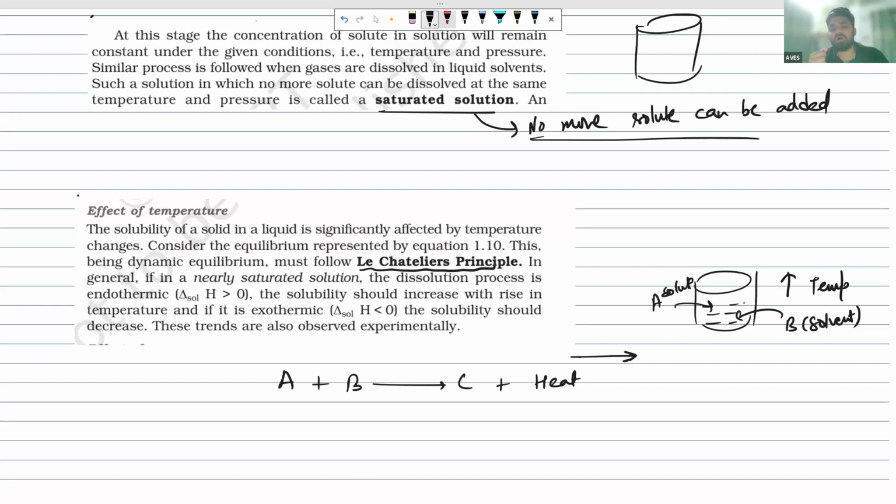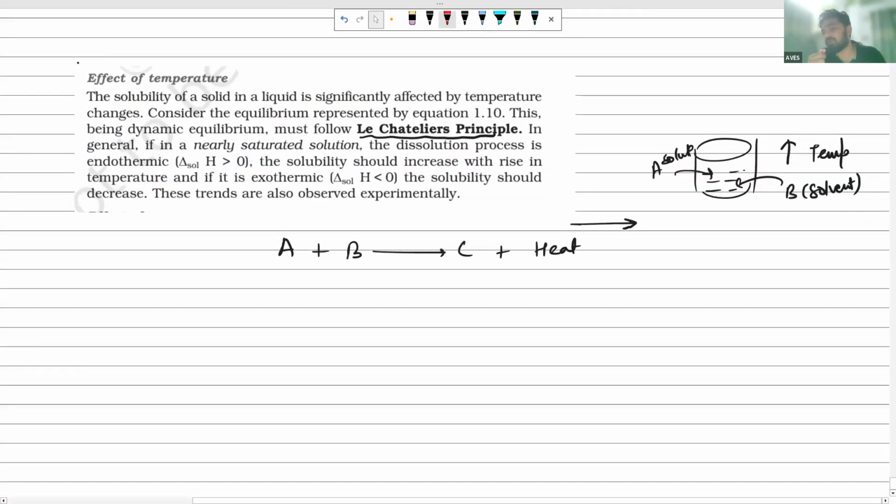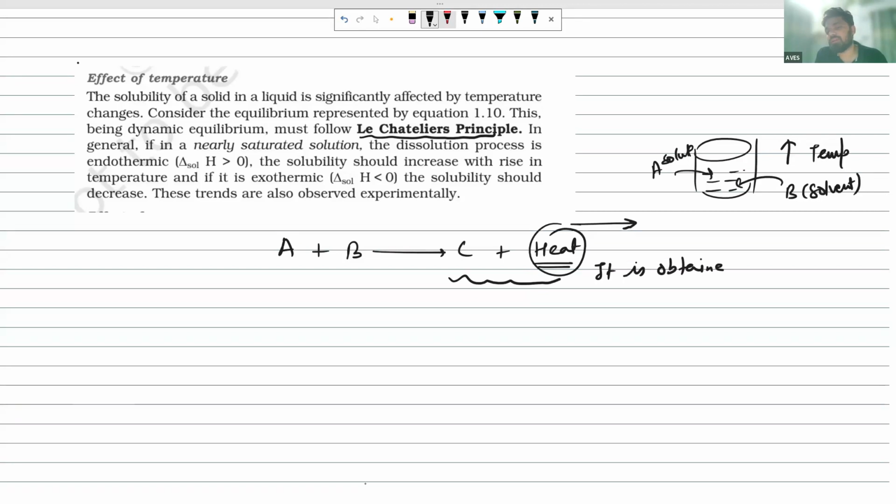Or we can simply say that this reaction will not proceed further if you keep on adding heat, because heat is obtained in the product. If something is obtained in the product and you give it in the reactant, then the reaction will not proceed.